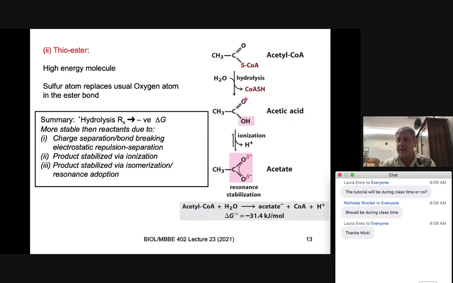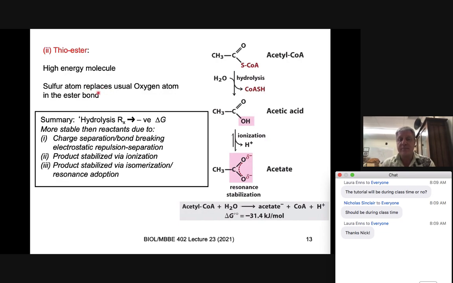And acetic acid in this case is going to form a resonance structure through ionization to produce acetate, the acetate ion. And again, we can bring this whole equation into the hydrolysis of acetyl-CoA with water to give us the acetate, the coenzyme, and hydrogen ions, with minus 31.4 kilojoules per mole. So again, this has this replacement situation where we've seen previously the phosphate with the oxygen.